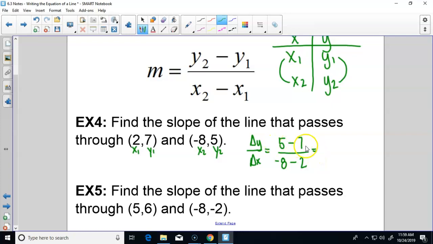So 5 minus 7 is going to give me negative 2. Negative 8 minus 2 is going to give me negative 10. Negative over negative gives a positive number, and 2 over 10 will reduce, so we'll have 1 over 5.